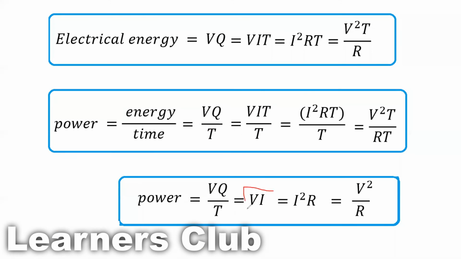This equation comes by cancelling T here, or I squared R by cancelling T here, or V squared over R by cancelling T here. The unit of power is watt. That's the same for all the equations. So using these equations, we can solve any questions that are related to electrical energy and power if any of the terms potential difference, charge, current or resistance is known to us.